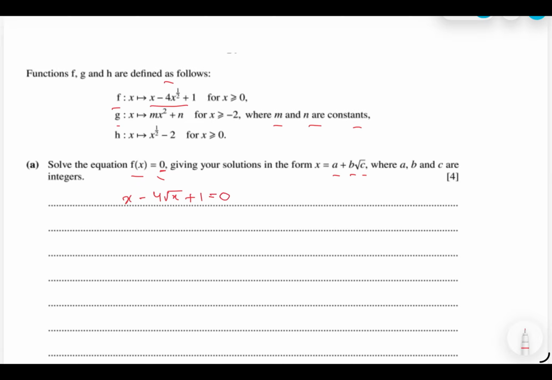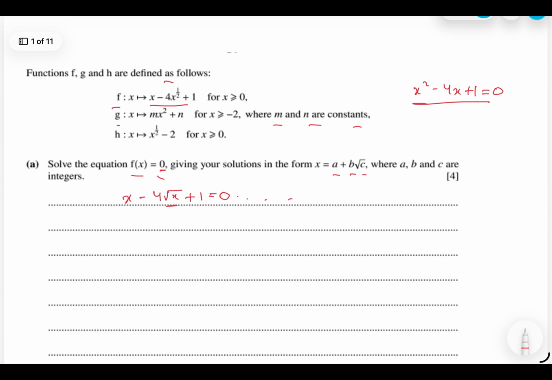Sir, we have been taught how to solve a quadratic equation, but we don't know how to solve this root equation. Very simple. Let us convert it into something which we know. Whenever you get stuck in some quadratic questions, convert it into a familiar equation which you can solve or put into your calculator as well. So we will assume root x equals y.